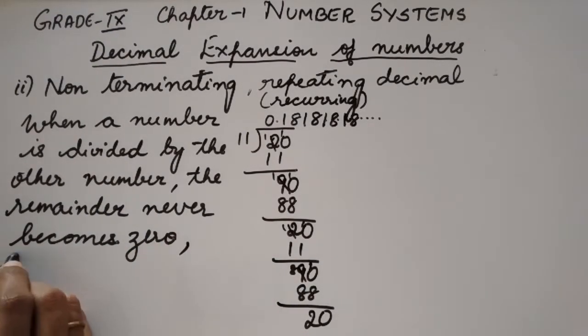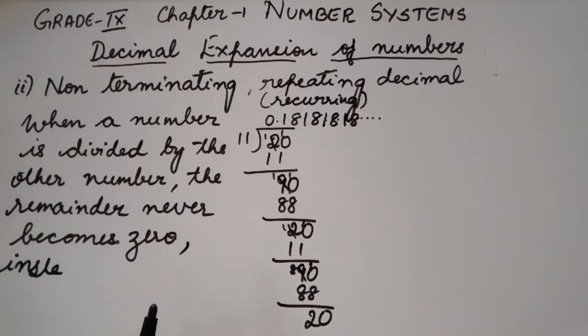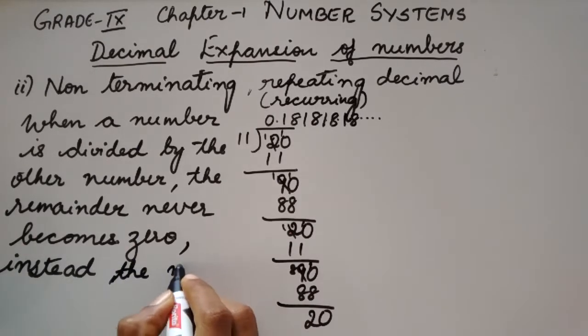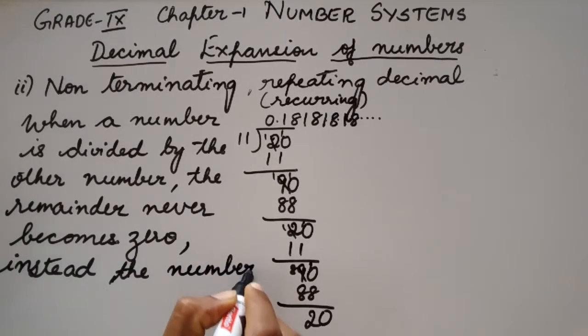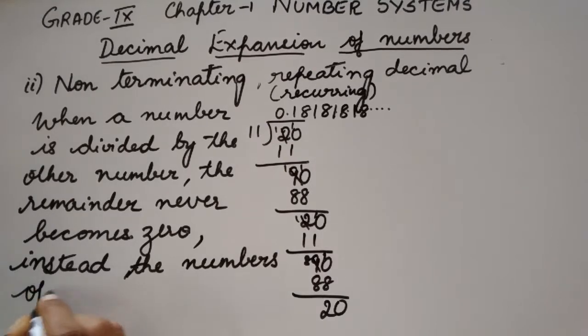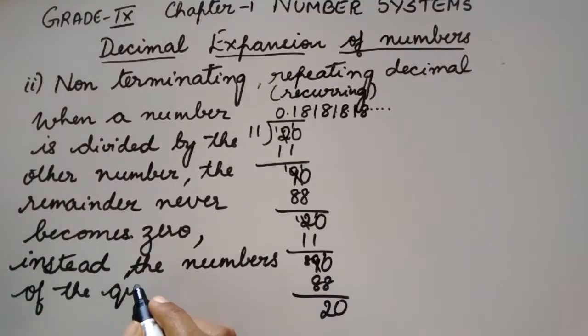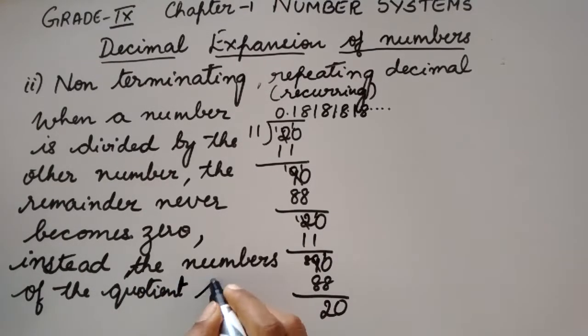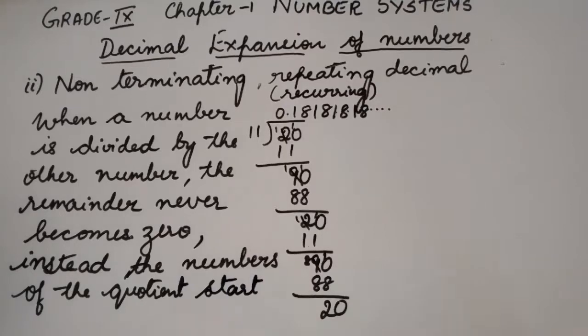Instead, the numbers of the quotient start repeating themselves.